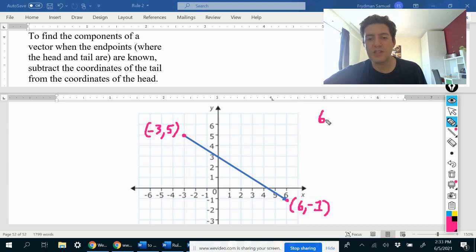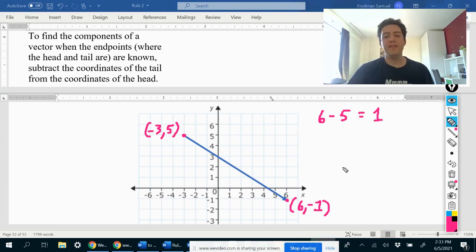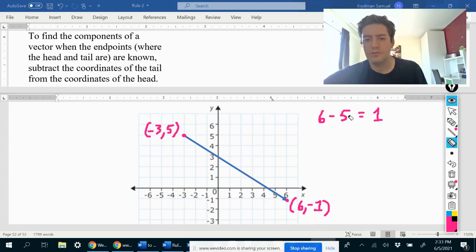We would do 6 minus 5, which is 1. Oh, I'm sorry, whoops. Not minus 5. Okay, so you can see I just made a mistake. Okay, we actually want to do this one minus this one. My bad. So we're not doing 6 minus 5. We're doing 6 minus -3, which is the same thing as 6 plus 3, which is 9. Okay, that makes more sense.